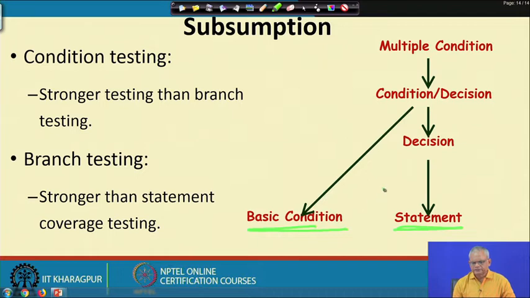But branch coverage testing or decision testing is stronger than statement coverage testing, and condition decision coverage testing is stronger than both basic condition testing and decision testing, and multiple condition testing is the strongest of all these, but the only problem is that it is not practical when the number of sub expressions is large.